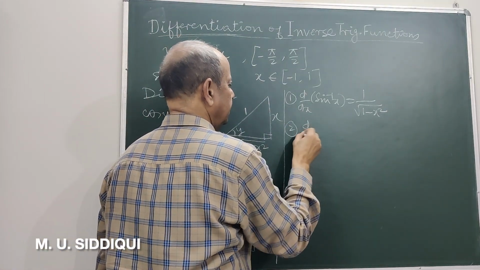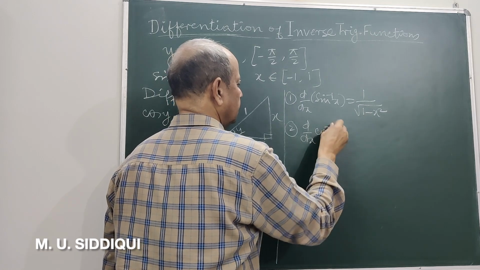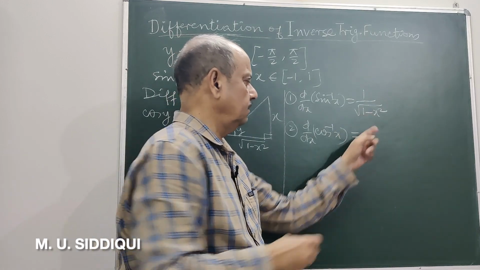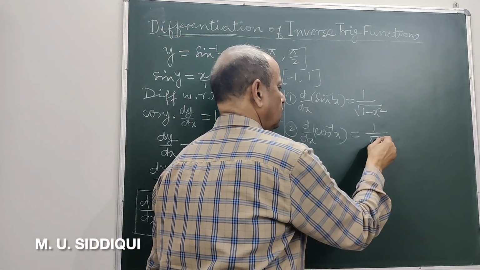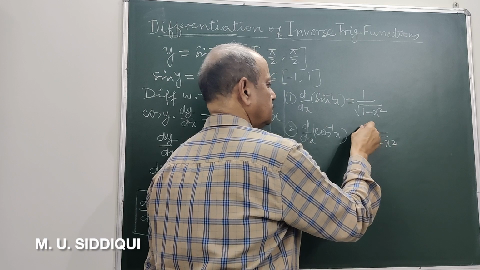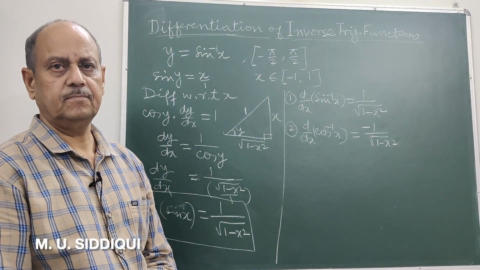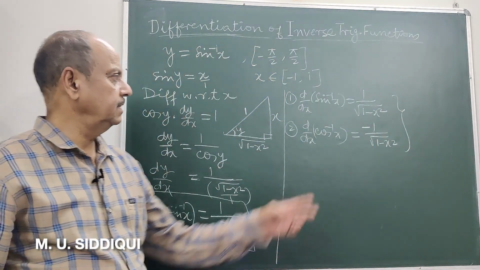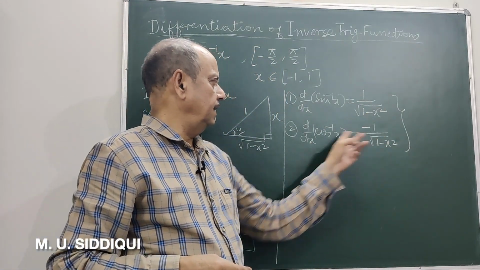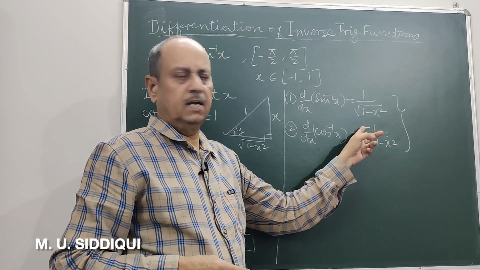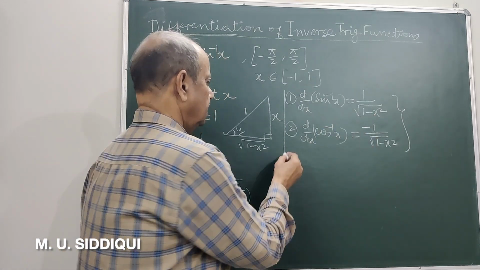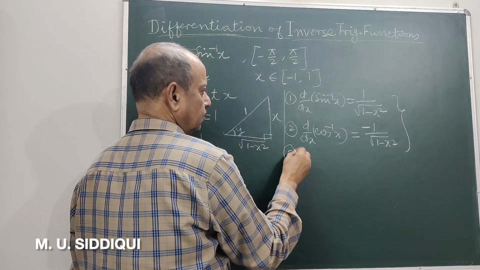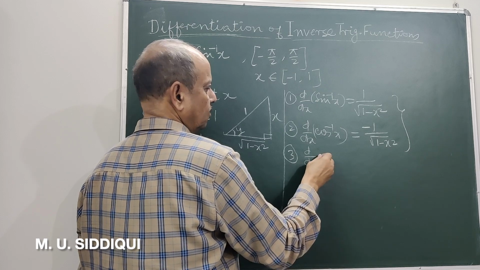Similarly, second, d dx of cos inverse x comes to be the same numerical value, 1 upon root of 1 minus x square, simply with a negative sign. You can learn them or keep in mind easily that the numerical values are the same, and derivative of cos inverse x is minus 1 upon the same thing. And I'll show you one more relation of why it comes like that. But before that, let me collect these formulae.